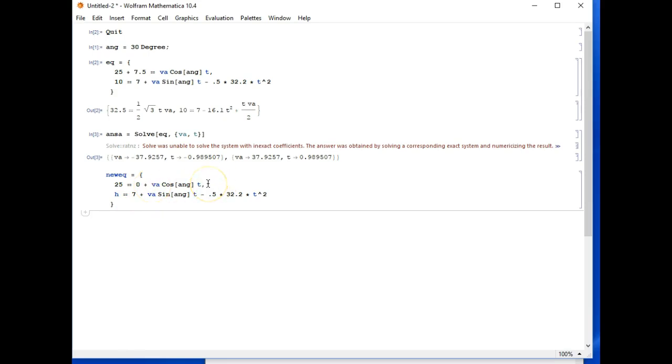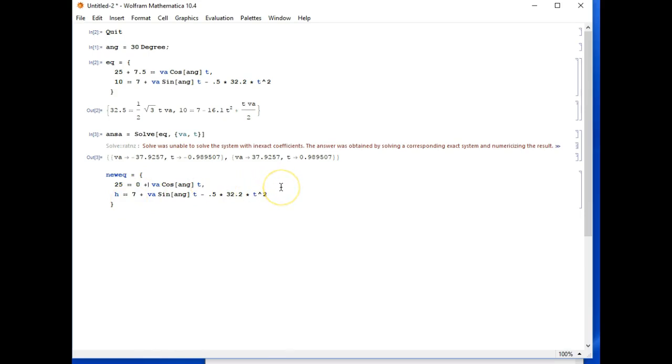And the t is different now, because the time is not the same when it clears B as when it goes through the hoop. Those are two different times, so maybe you want to call this T2 or something. It looks like there's three unknowns because there's three blue guys, but really the VA is known.